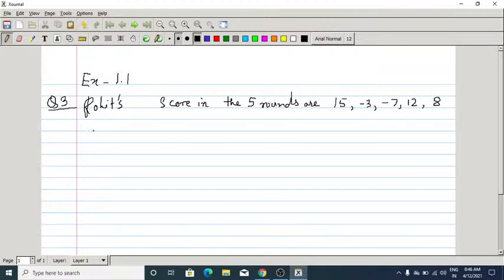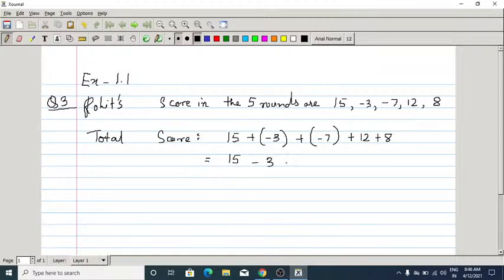For the total score, it will just be a sum of these. Total score will be 15 plus minus 3 plus minus 7 plus 12 plus 8. Then if we open the brackets, 15 minus 3 minus 7 plus 12 plus 8.